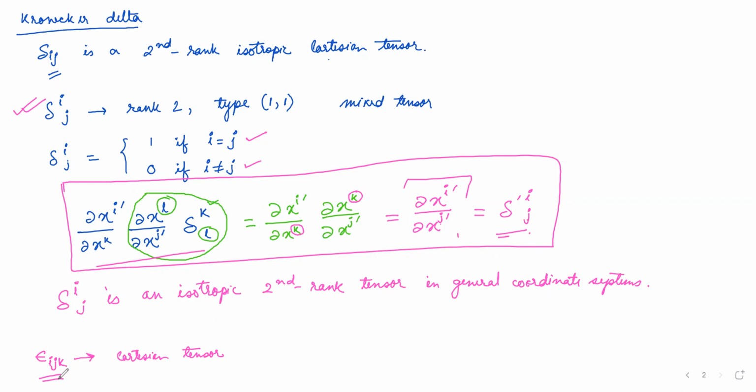That is, under a coordinate transformation from one curvilinear coordinate system to another curvilinear coordinate system, does this transform like a tensor? The answer is actually no. So this is not a general tensor.